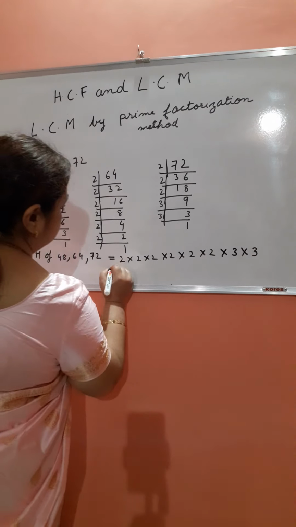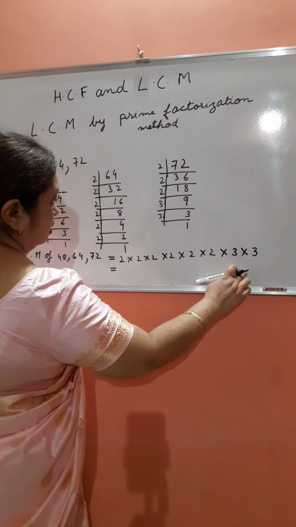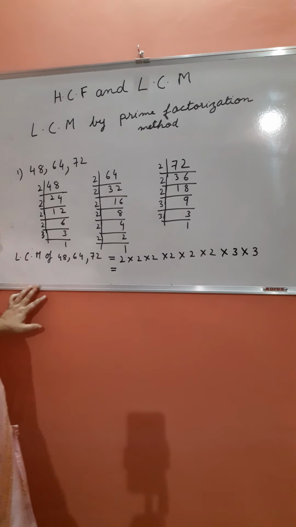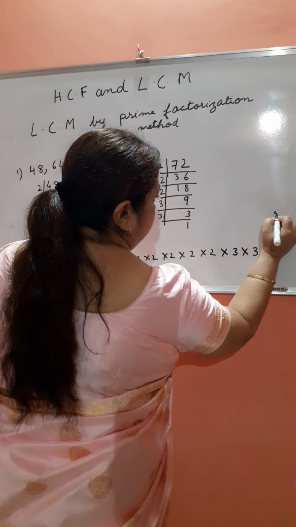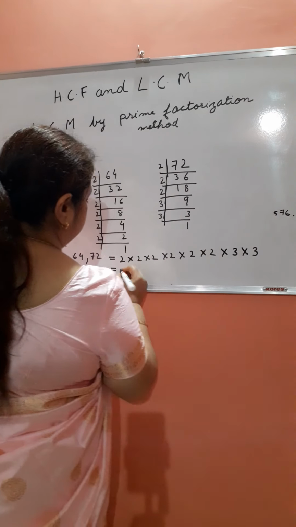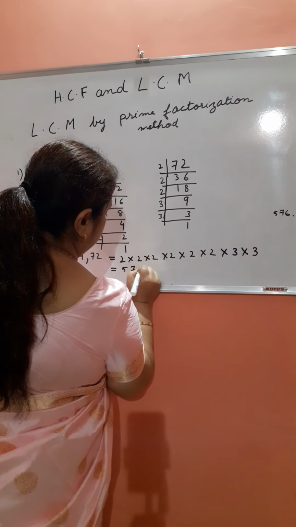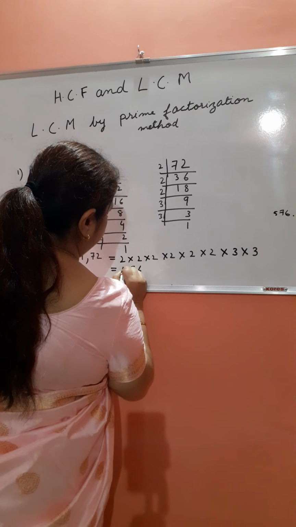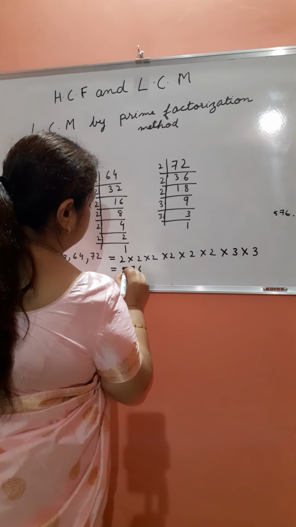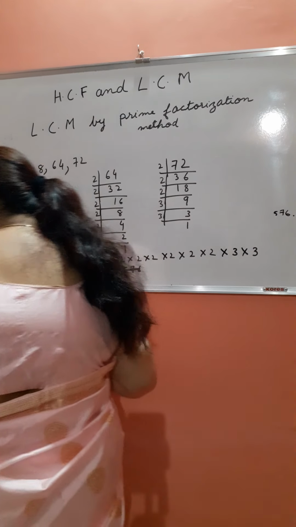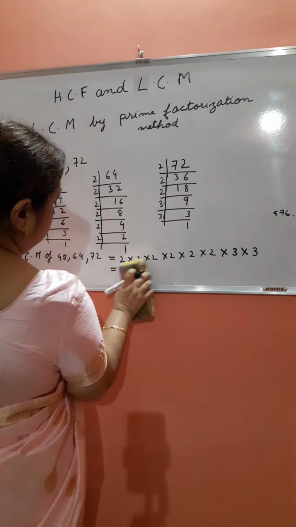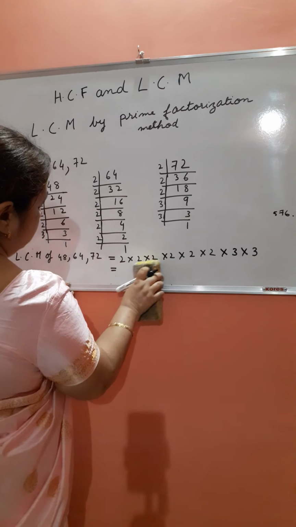Okay, so now see here, it will come the same. Last time how much did we get? 576. So you calculate it, you will get the same answer. Calculate the factors.